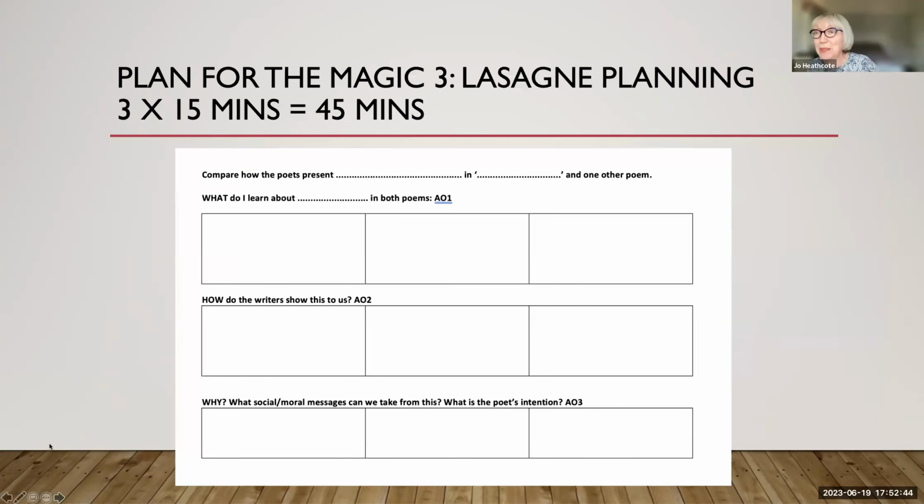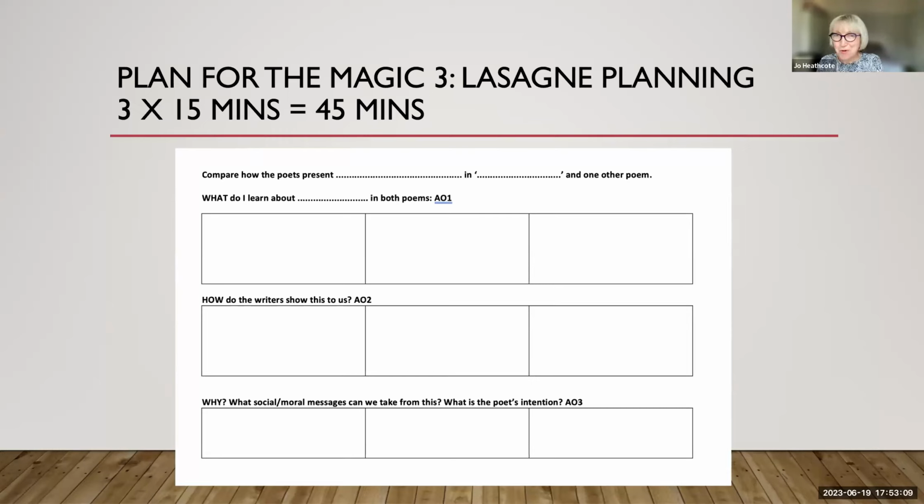So I get them to plan in layers, very methodical. So again, here's a planning sheet for the anthology poetry. So if you imagine the task, the focus of the task, compare how the poets present, whatever it is, in this and the other poem.